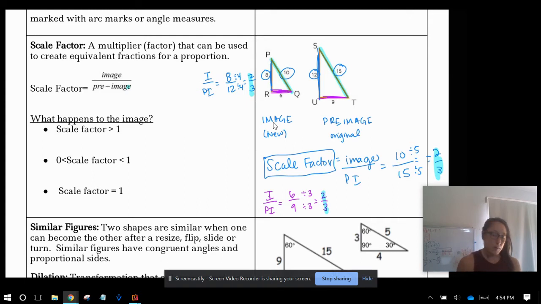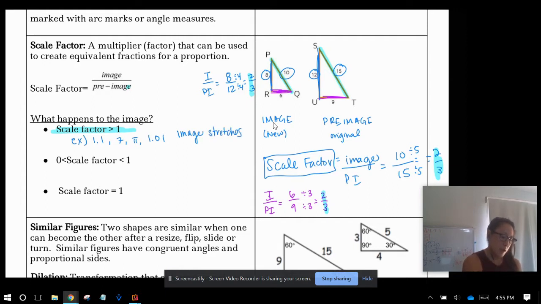Okay. One thing to keep in mind is that if your scale factor is greater than 1, so like 1.1 or 7 or pi or 1.01, then the image grows. The image stretches.